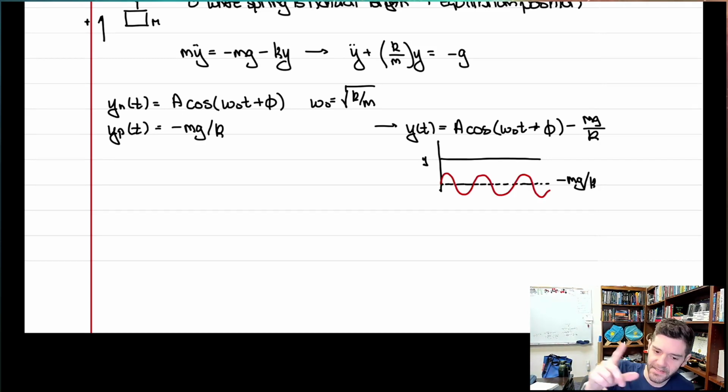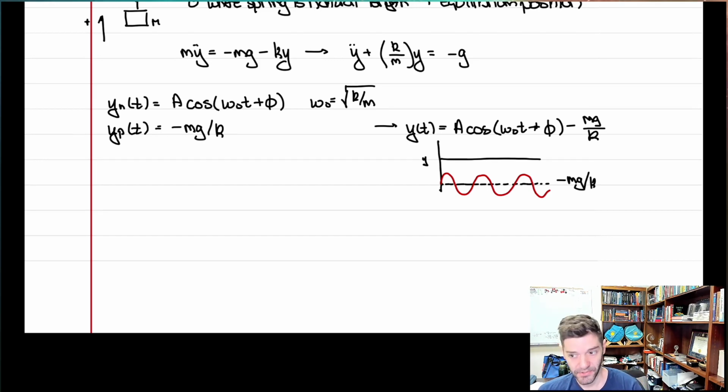So it's not oscillating about 0, but it's oscillating about negative mg over k. And we could ask ourselves, is there any kind of physical meaning to this location, negative mg over k? What happens when y equals negative mg over k?